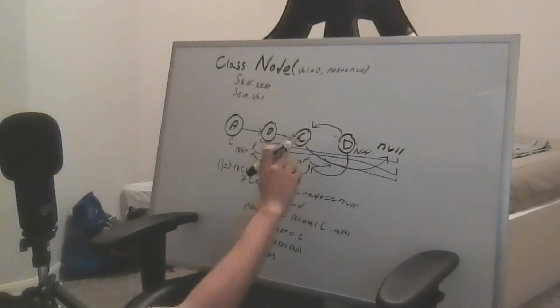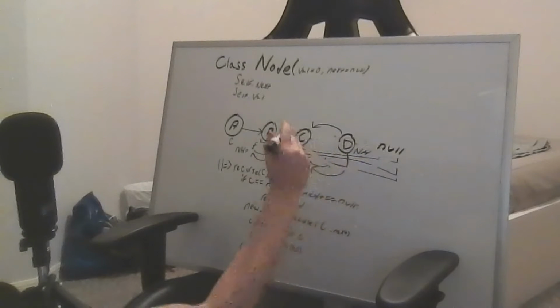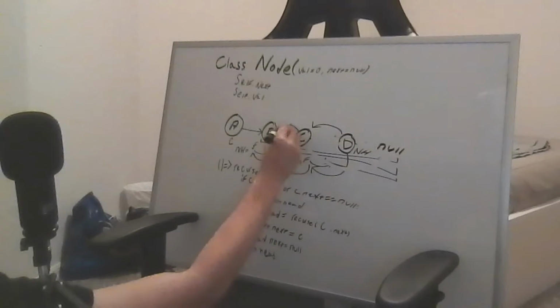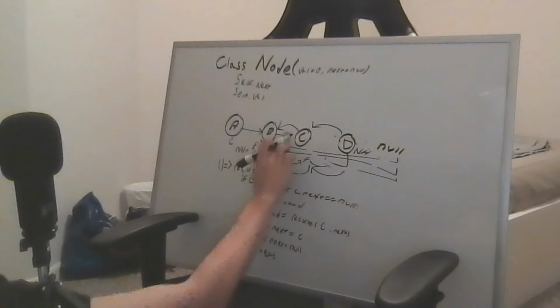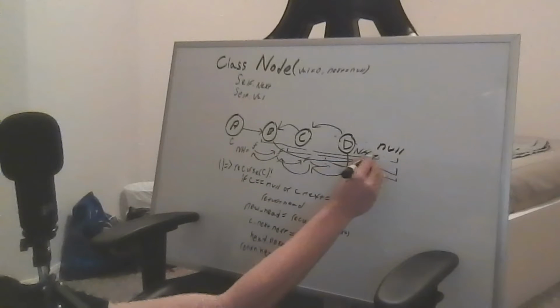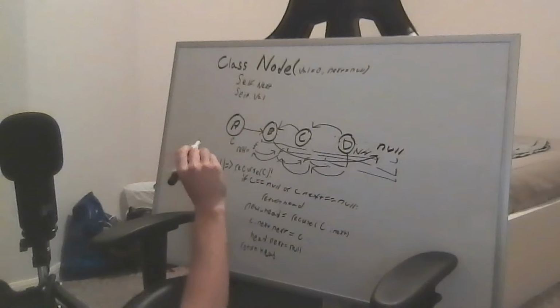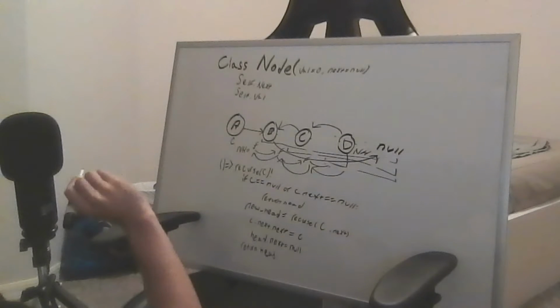So C's pointer is not going to be, unfortunately, at null anymore. It is going to be at B. And then again, we are going to be pointing B towards null. And then we're going to bubble back up one more time.